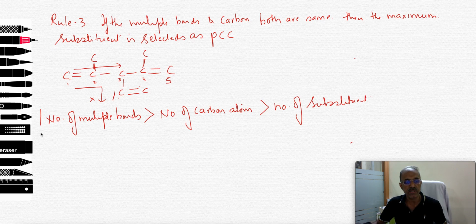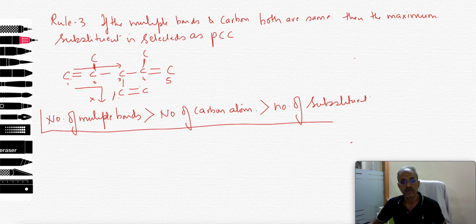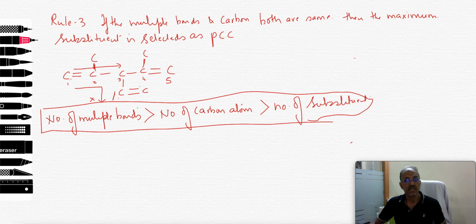This is very important. Make a note of it. The number of multiple bonds is given the first preference, then the number of carbon atoms, and then the number of substituents. Fine. Now rule 4.